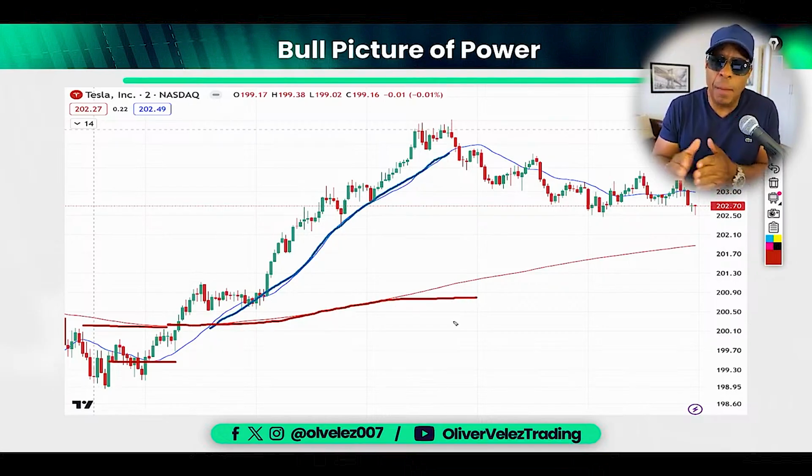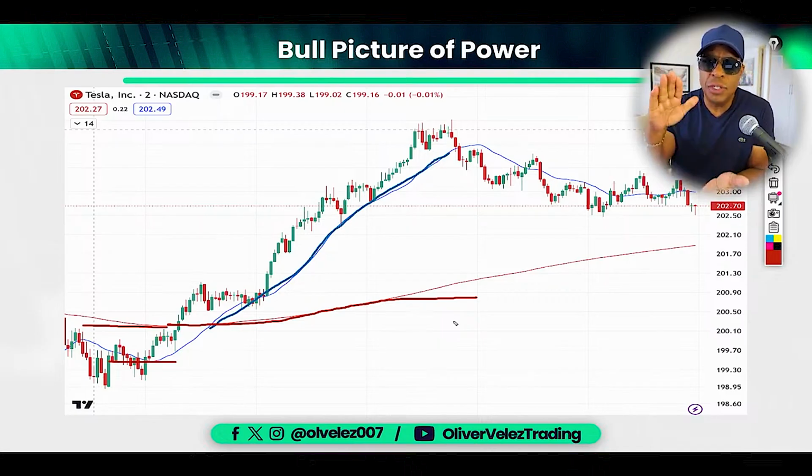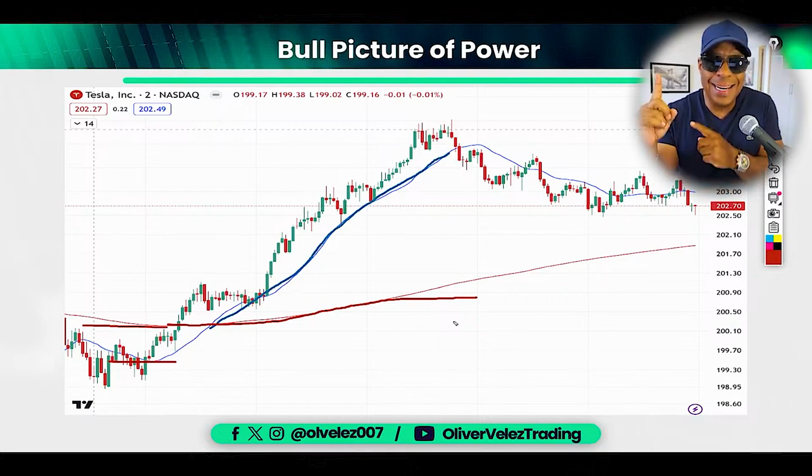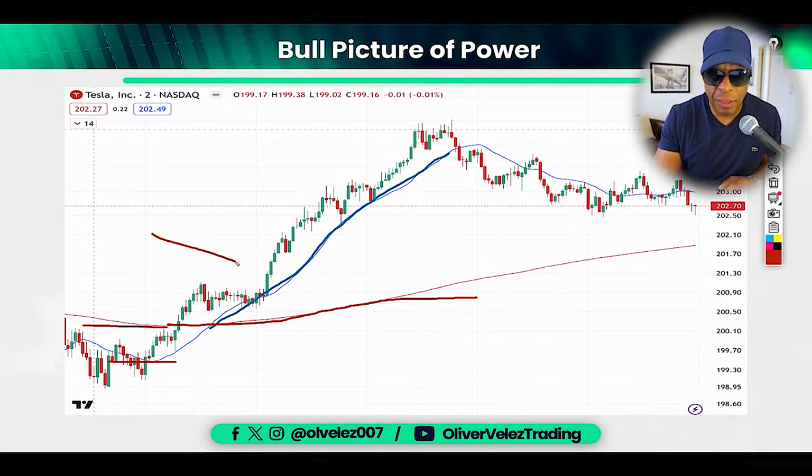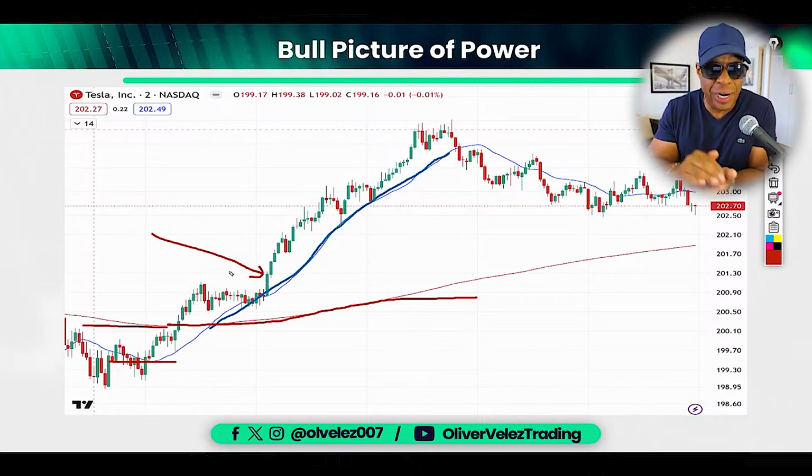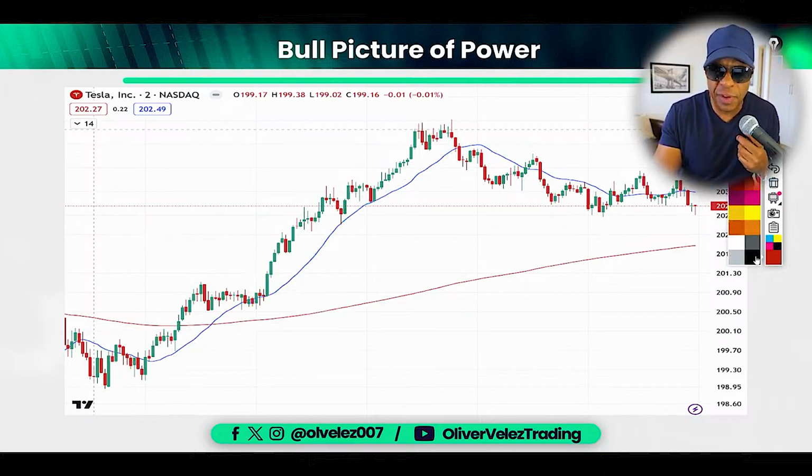When you have a bull picture of power, the modus operandi is to buy all strength and all color changes near the 20-period moving average.